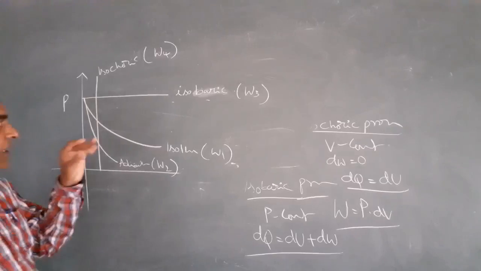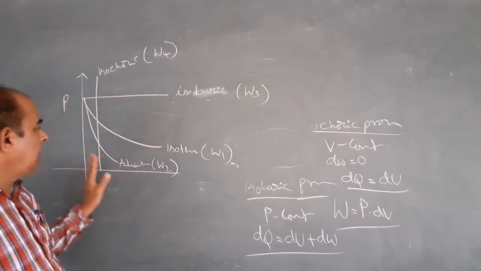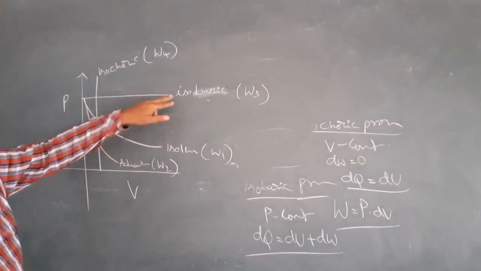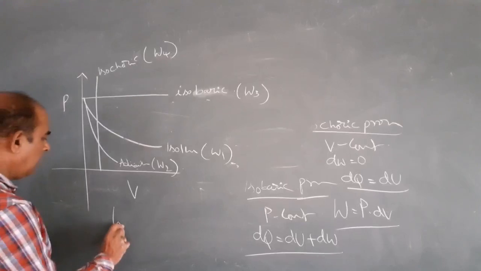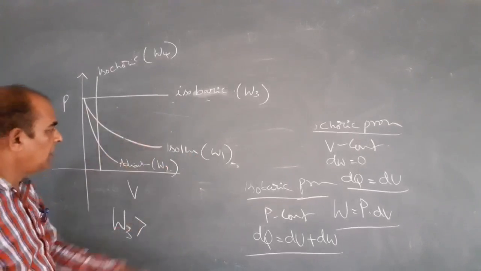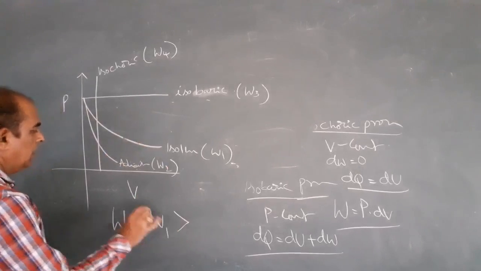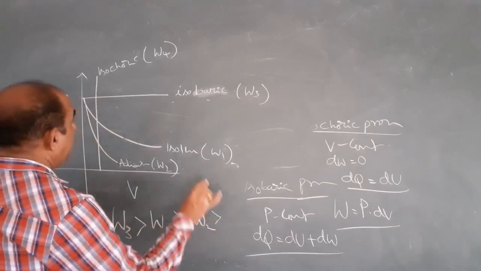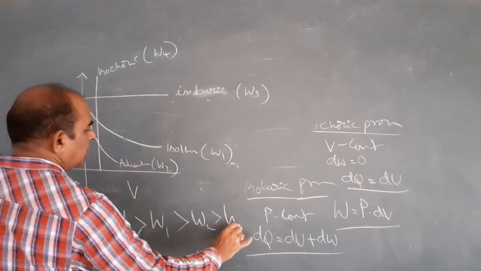Maximum work done is in the isobaric process, because the area covered with the volume axis is the work done, so more area comes for isobaric. W3 is greater than isothermal W1, greater than adiabatic W2, greater than the last one, isochoric W4.